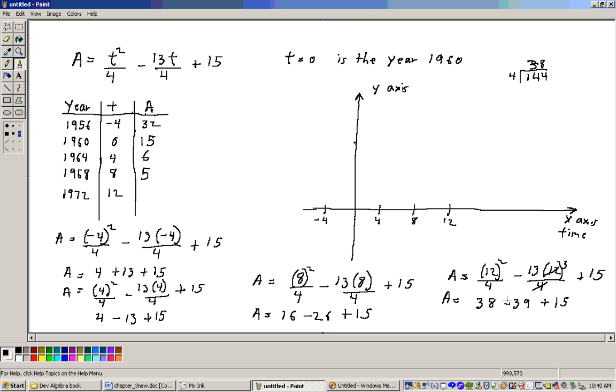Well, 36 minus 39 is negative 3. Negative 3 plus 15 is actually 12. So that's what we have, and we can actually graph this thing now.